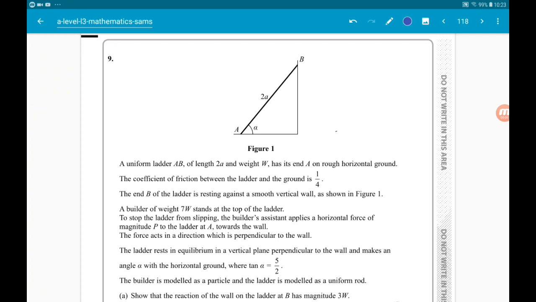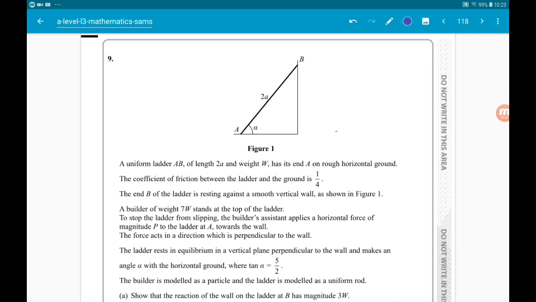Okay, number 9. A uniform ladder AB of length 2A and width W has its end on rough horizontal ground. The coefficient of friction between the ladder and the ground is 1/4. The end B of the ladder is resting against a smooth vertical wall as shown.